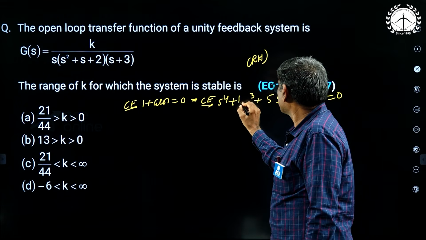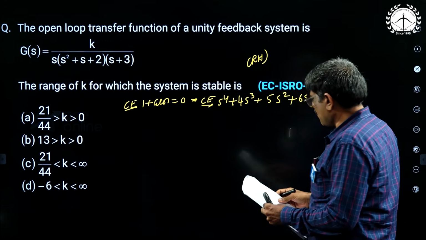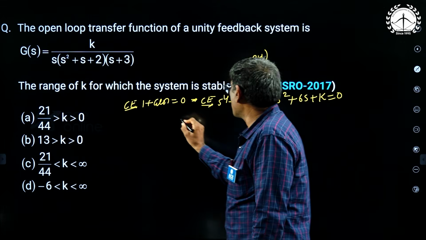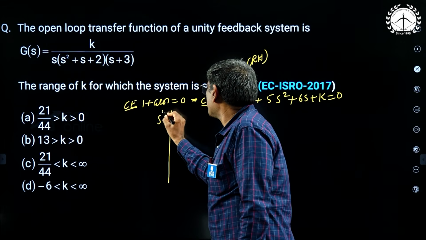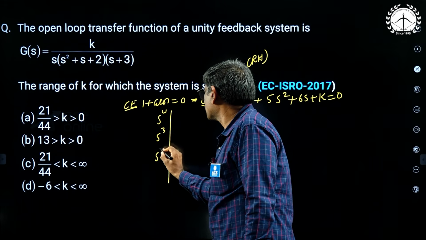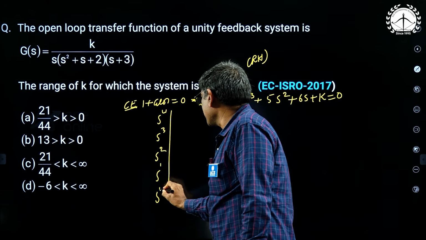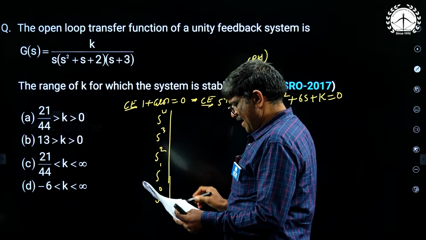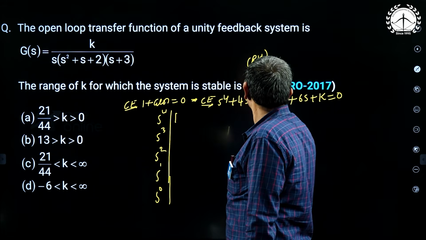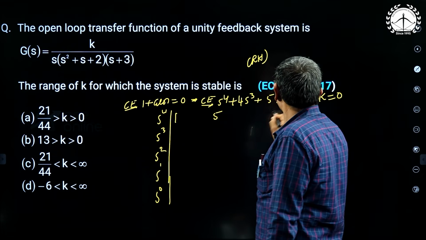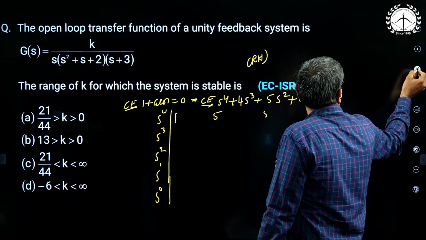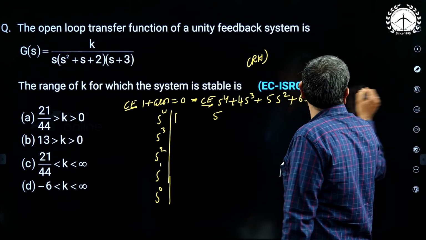Now write the Routh tabular form. Routh array: S power 4, S cube, S square, S power 1, S power 0. Here, 1 alternate 5 alternate K, and 4 alternate 6.